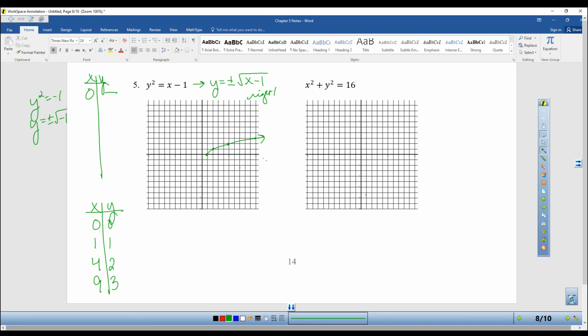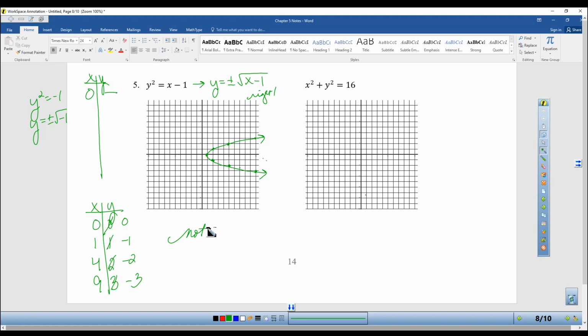But then if I do the -1, then that'll change all of these to negative, which would be (1, -1), (4, -2), and (9, -3). Do you see what I got? I got a sideways parabola.